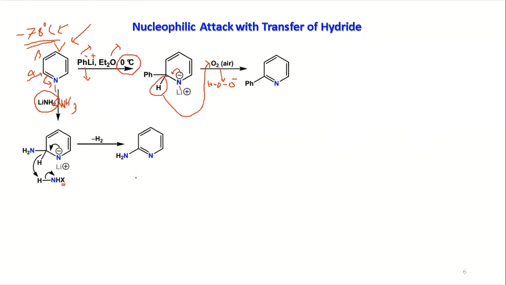Now, what I was telling, this product itself can help after generation. This product itself can help the aromatization for the next molecule. You can understand the negative charge on this particular nitrogen is stabilized, because if you can generate a negative charge here, it will be stabilized. That's why after generation of this one, liquid ammonia has no role.